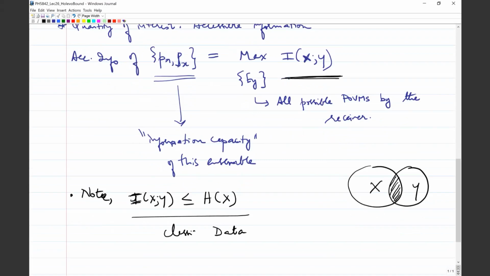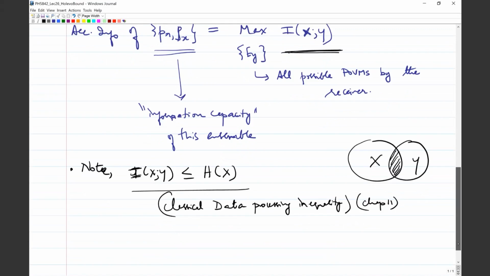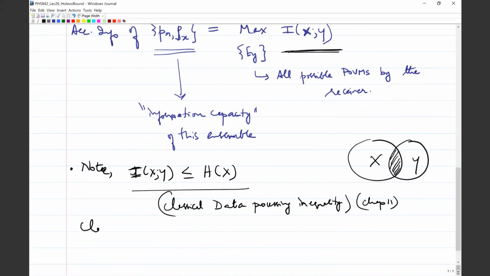Again, one of the many things that I haven't had time to really talk about, but there's a small section in Nielsen Chuang chapter 11 that you can look up if you're interested, right? So classically, this can be achieved because all symbols are perfectly distinguishable.